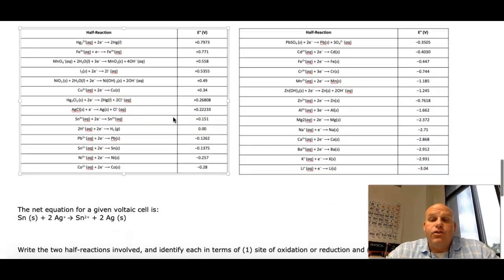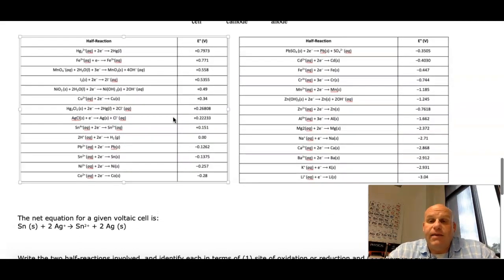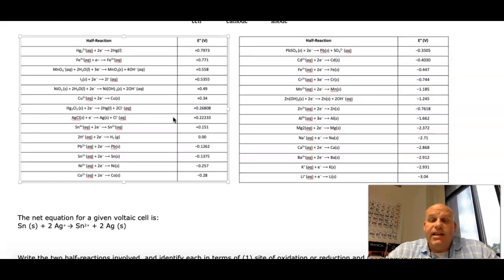Before we get to that, I want to show you a pretty common table. You'll find this in your textbook and also in the PowerPoint. If I had more time, we would get into the notion of the standard hydrogen electrode, but all these reduction half reactions and reduction cell potentials are based on hydrogen, which is 0, and all of these go either up or down from there.